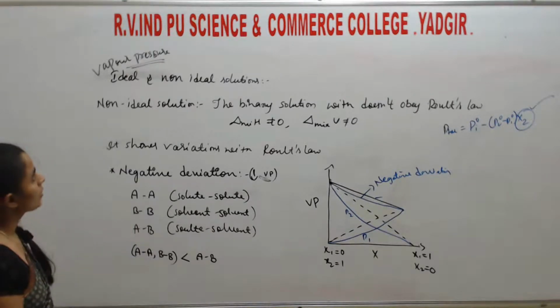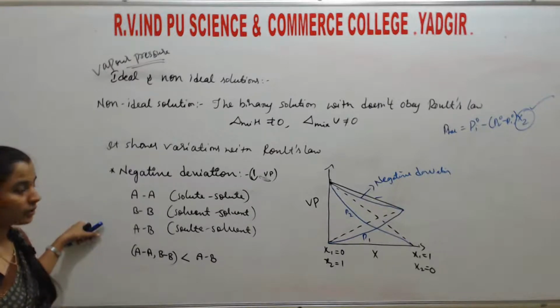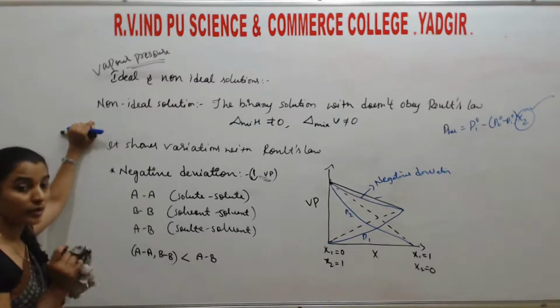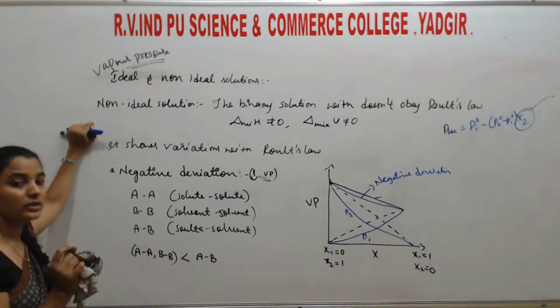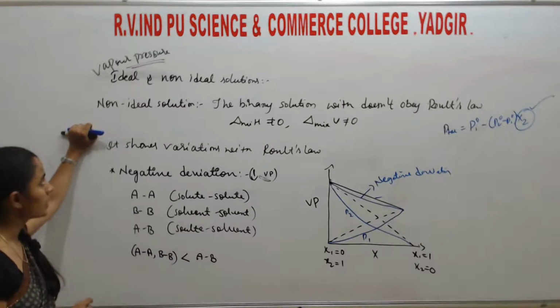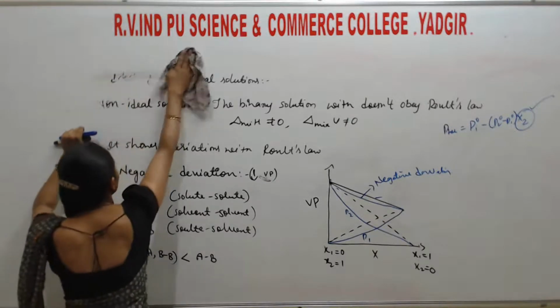So this is all about ideal and non-ideal solutions, that is, vapor pressure in liquid solutions explained by Raoult's law. The types are ideal and non-ideal. I told you that is important for 2 marks.